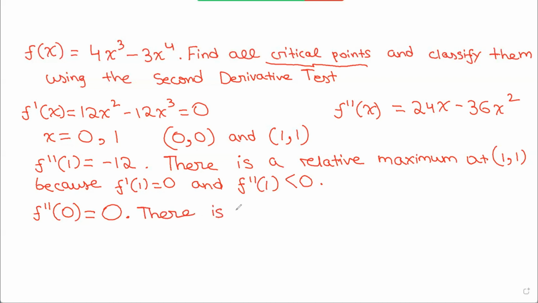So there is no conclusion. That is our final answer. So we found the two critical points and classified them: a relative maximum, and no conclusion.